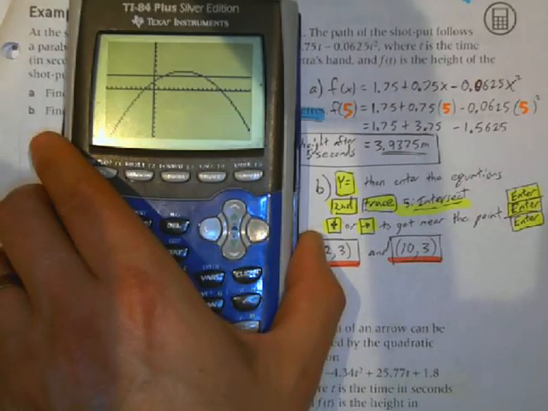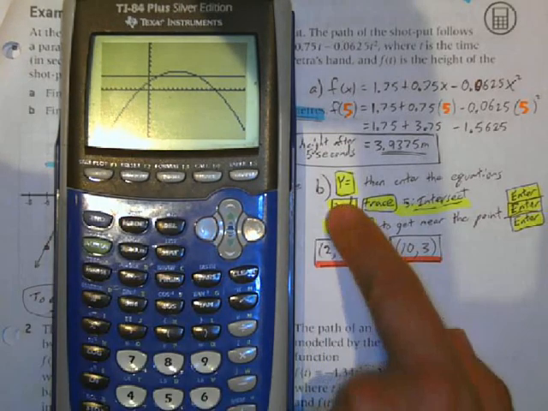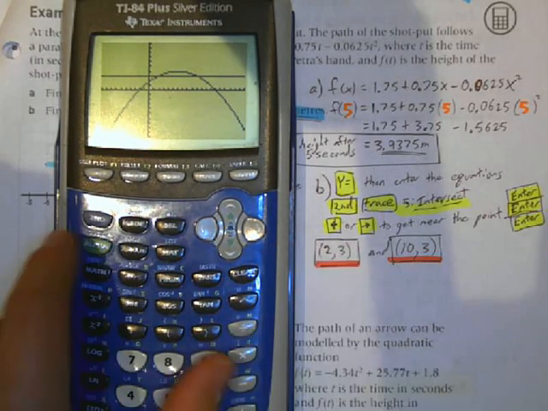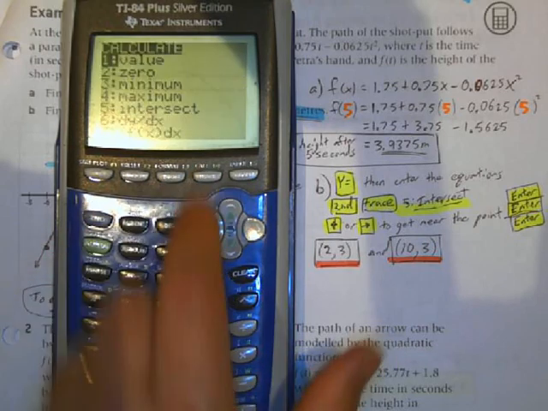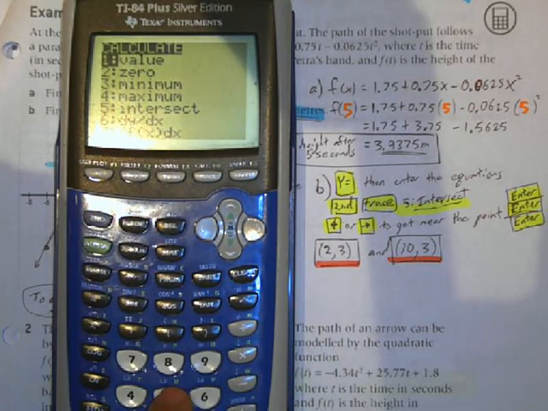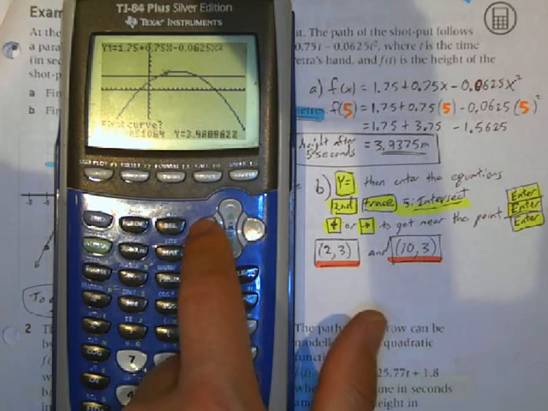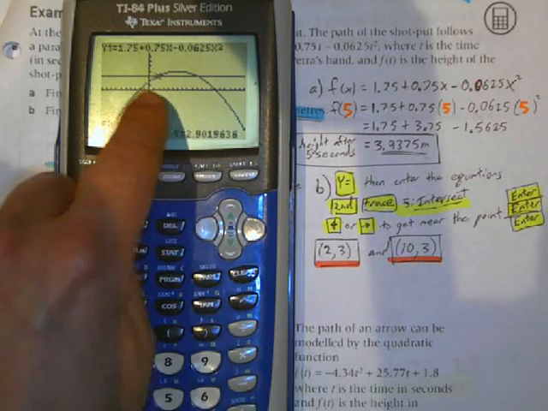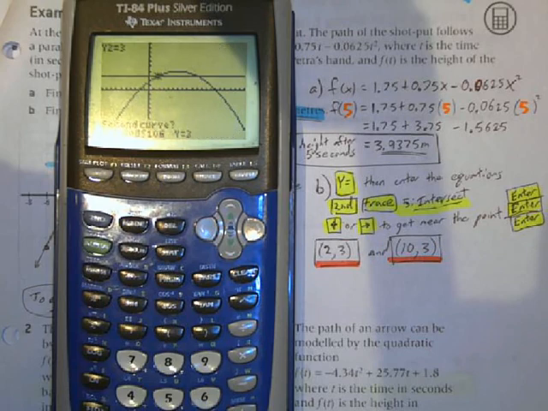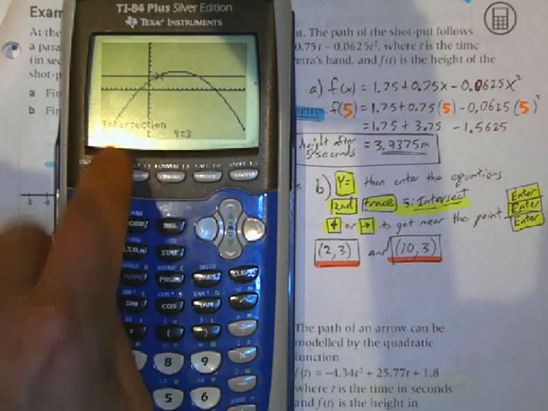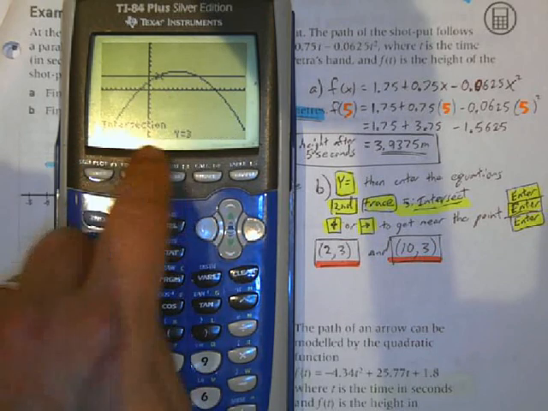So how do I figure out the intersection? You hit second trace, and we're going to pick intersect, so 5. And then I'm going to arrow to the left, get close to that intersection right there. I hit enter, enter, enter, and this intersection is at 2, 3.